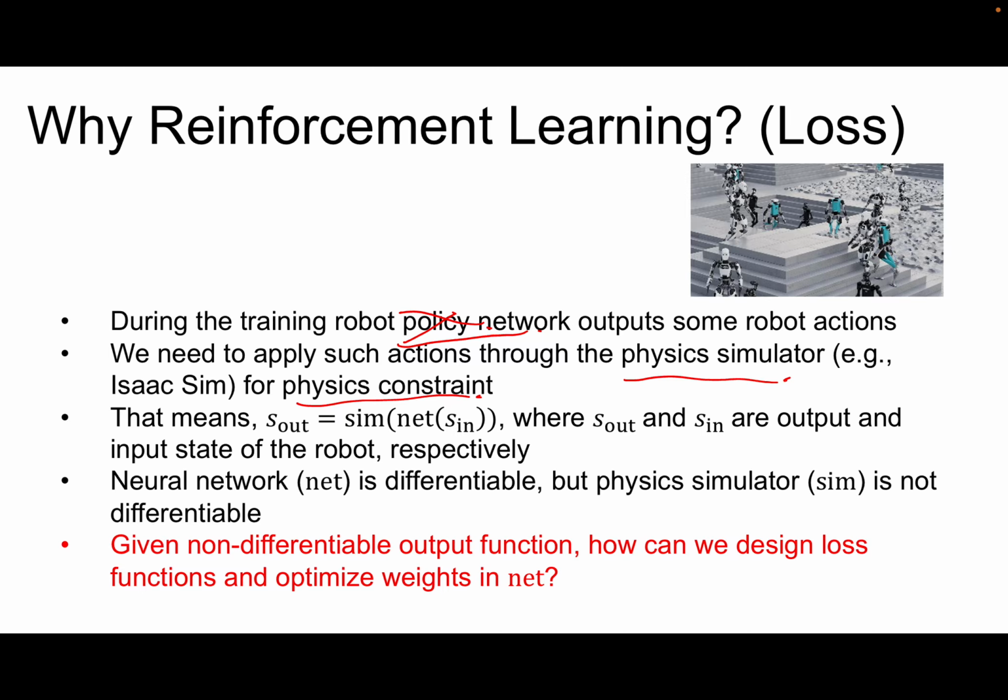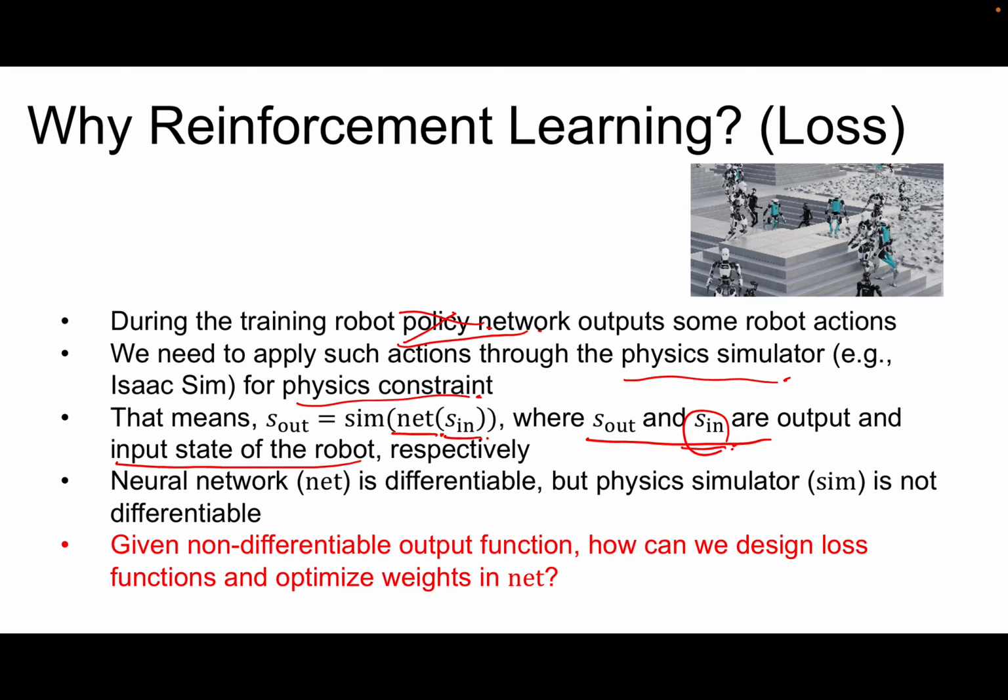That means, let's say we have some network, where S in is the input state of the robot. S out and S in are output and input state of robot respectively. State means like current position, current velocity, current rotation, anything. You can define any current status of robot as S in, current one.